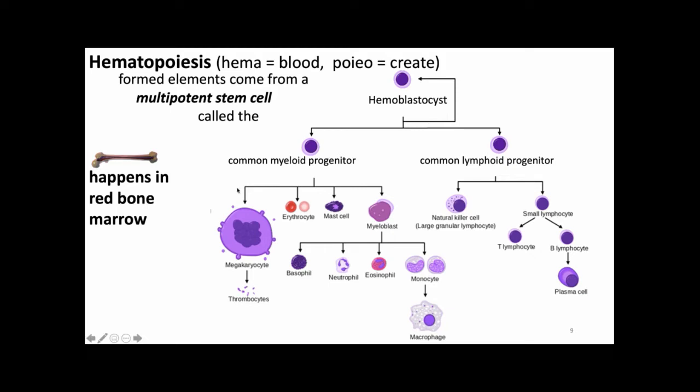So in the myeloid line, we've got the megakaryocyte, which is going to give us the thrombocytes, or platelets, and erythrocytes. Everything else on this page, these are all different kinds of white blood cells. So we'll get into that in more detail when we talk about the immune system, when it makes sense to do that.